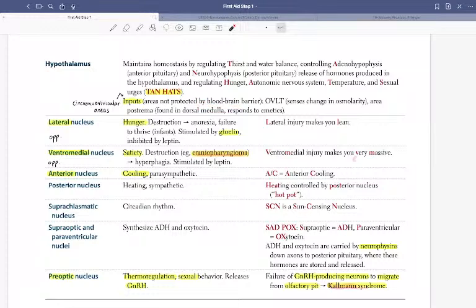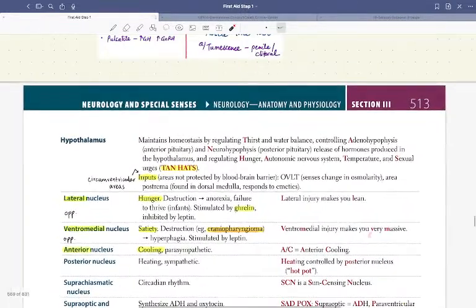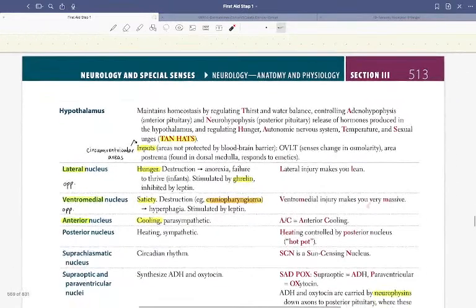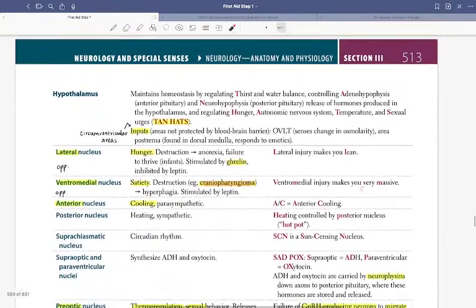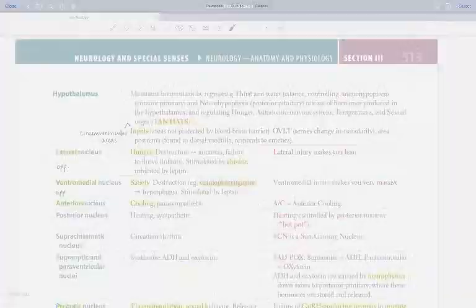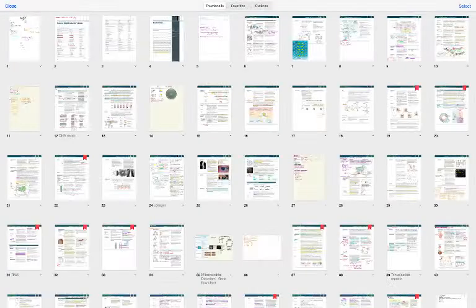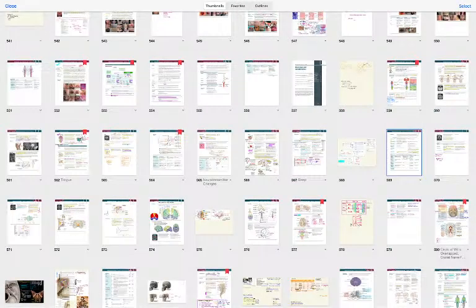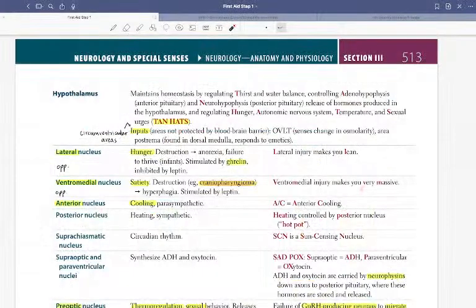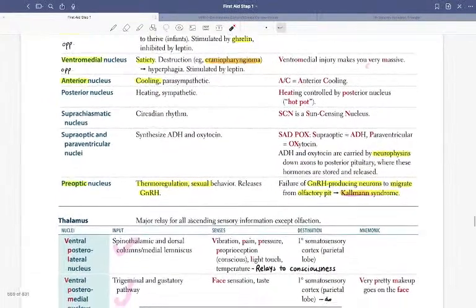S, O is OVLT, A is area postrema, and S was, let me think, subfornical organ. Okay, it is subfornical.